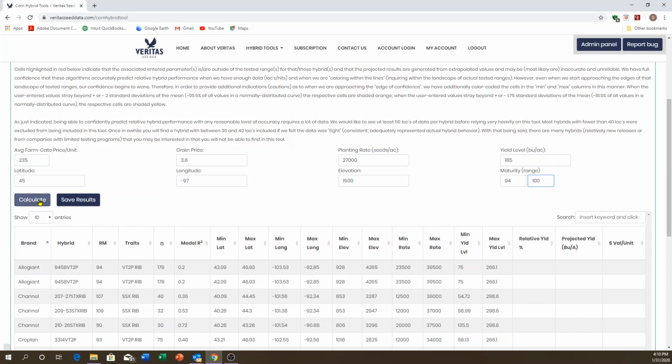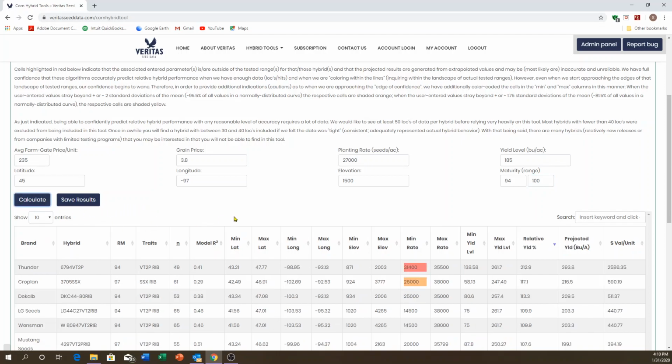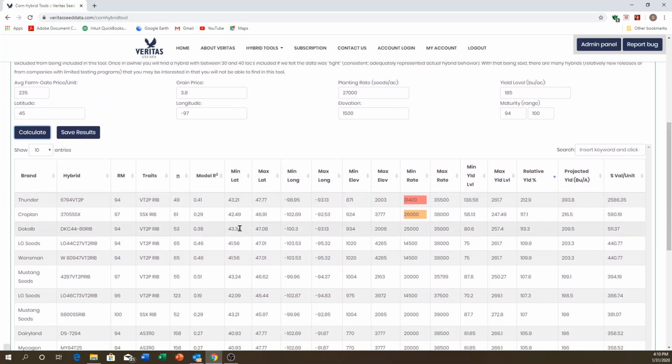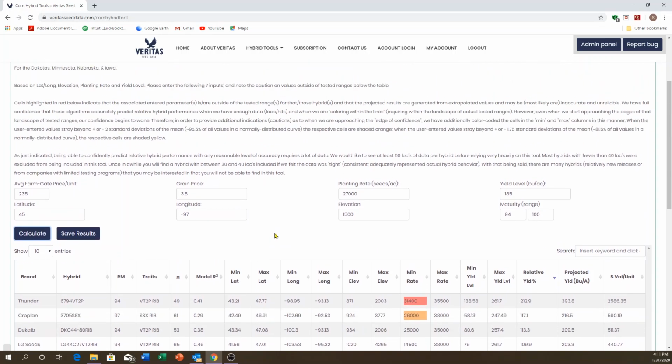And you can go ahead and enter them in and hit calculate, and this will pull up all of the hybrids that are in our database. Because it takes a lot of locations for a hybrid to reveal itself to me. Not every hybrid that is in our larger database is going to show up in this tool.